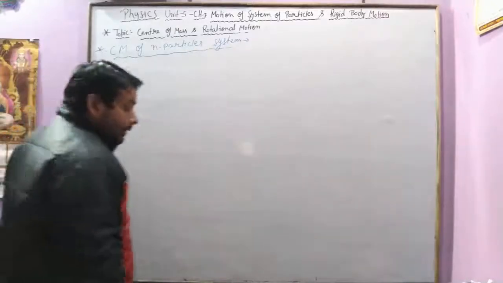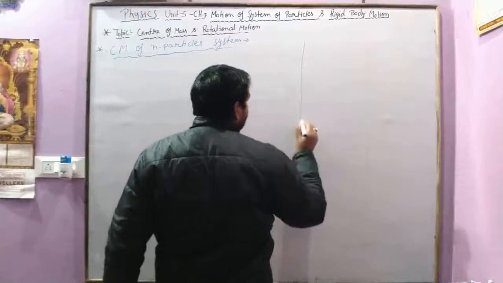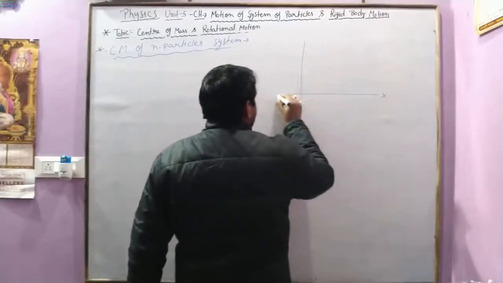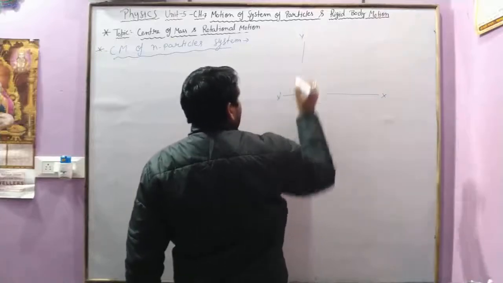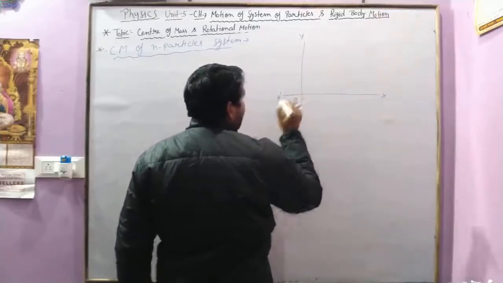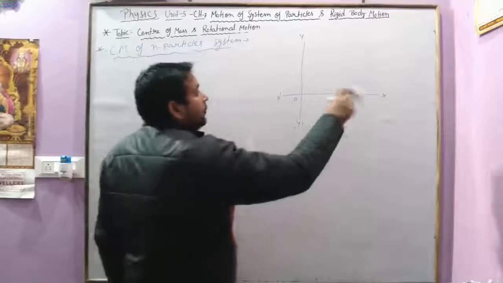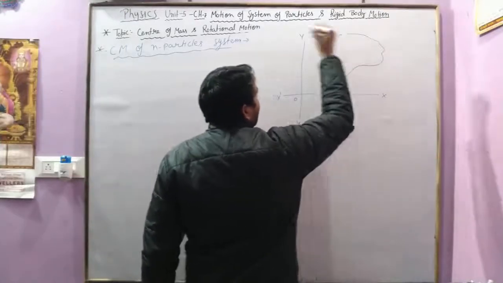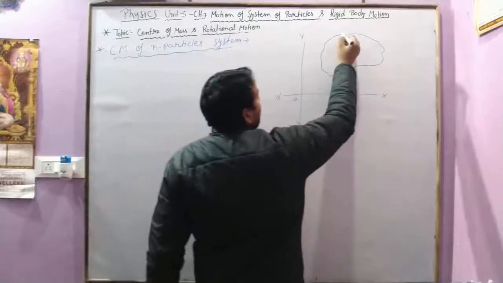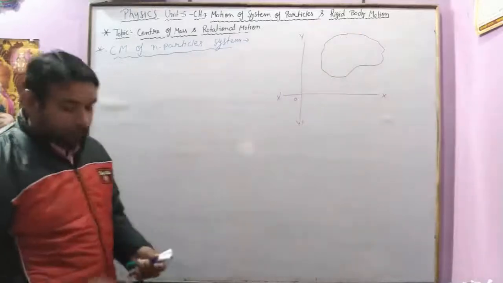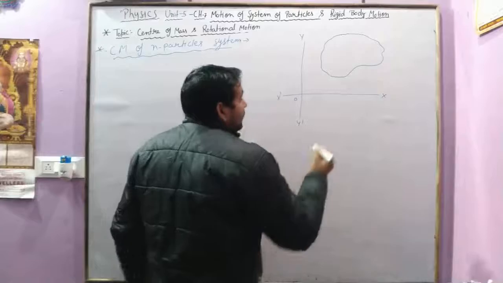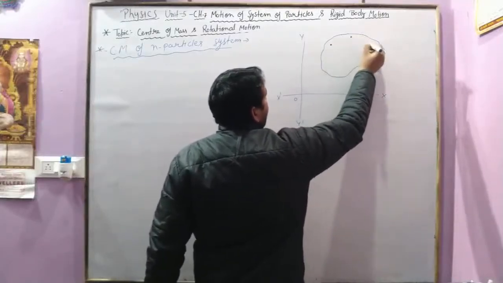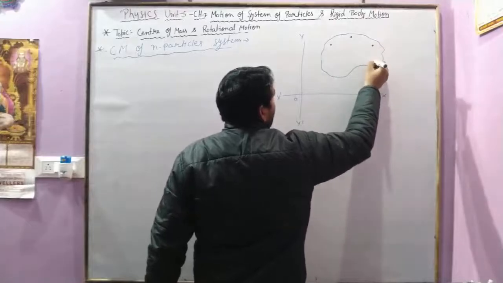Okay, in a Cartesian plane x x dash y y dash we have a body of any shape, which is made up of different particles like this.